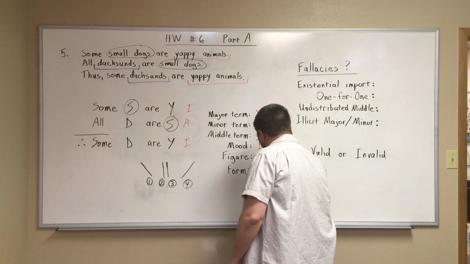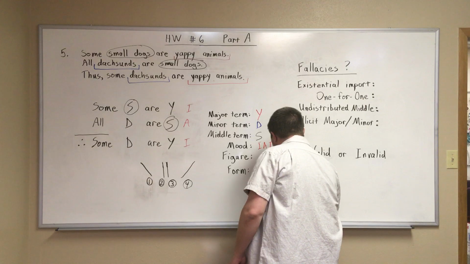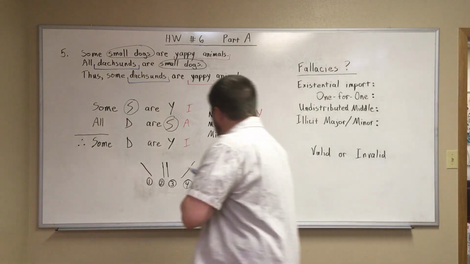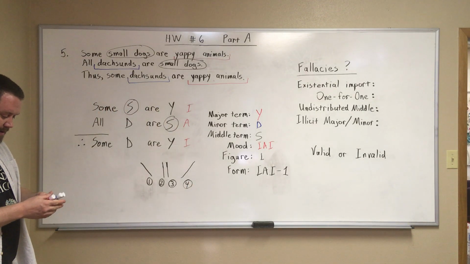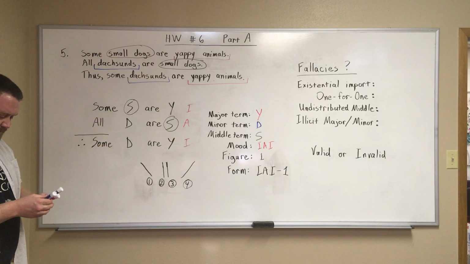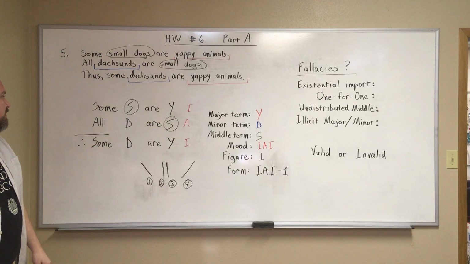So we have I, A, I, 1. And then instead of doing the Venn diagrams, we'll test for validity by going through the fallacies. So this is kind of the order that I like to do them.